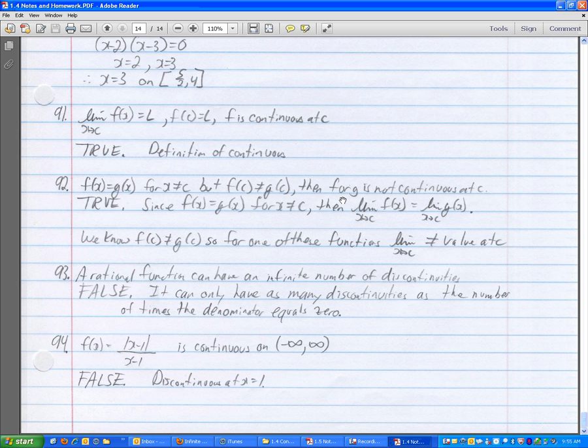Number 93 says, a rational function can have infinitely many x values at which it is not continuous. All right? And it's false because a rational function, now remember what a rational function is. It's a polynomial over a polynomial. Okay? How many times can a polynomial equal 0?